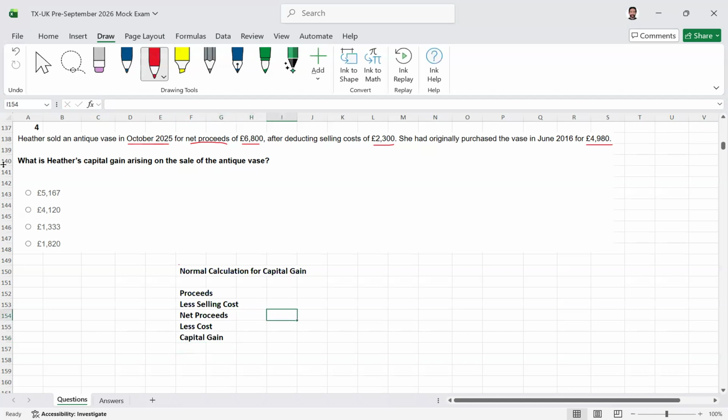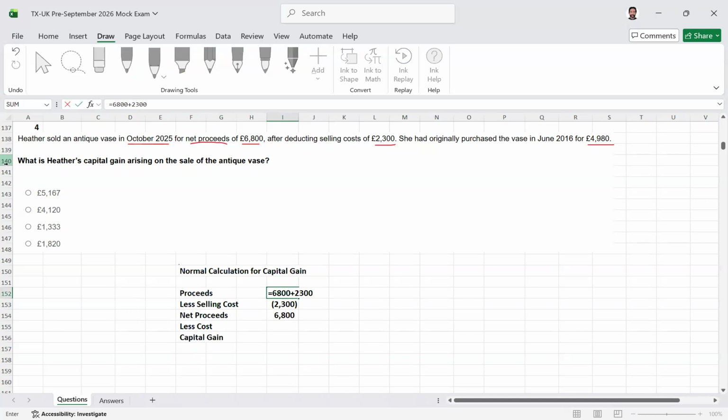So we know the net proceeds are 6,800, and the selling cost is 2,300. If we add these two, 6,800 plus 2,300, we would have the gross proceeds. I took the net proceeds and the selling cost and came up with the gross proceeds.